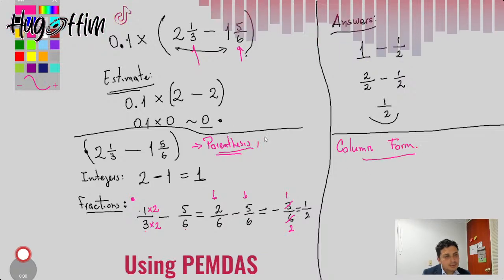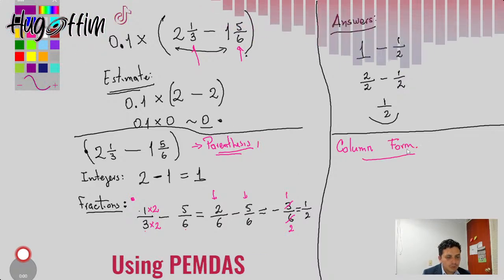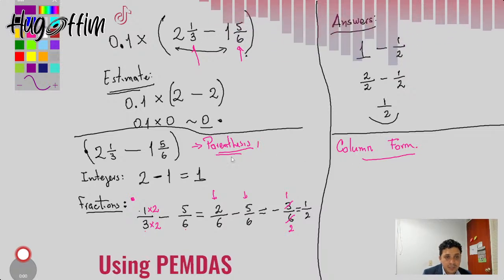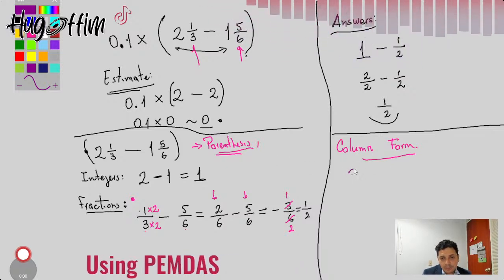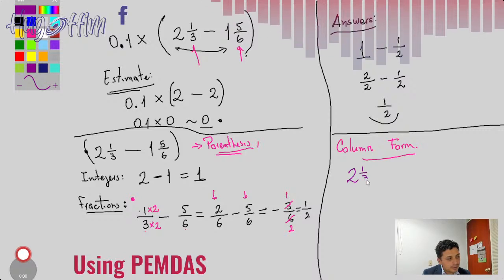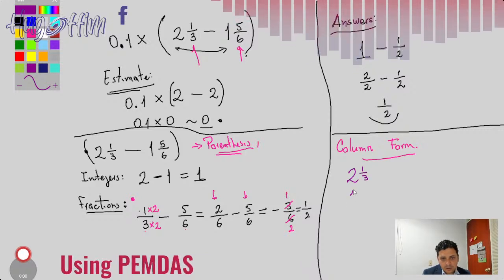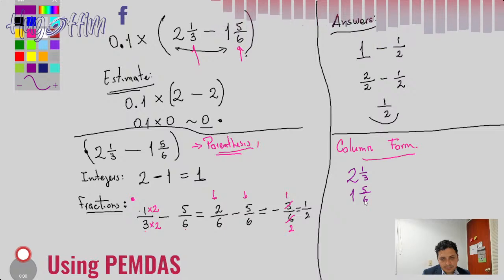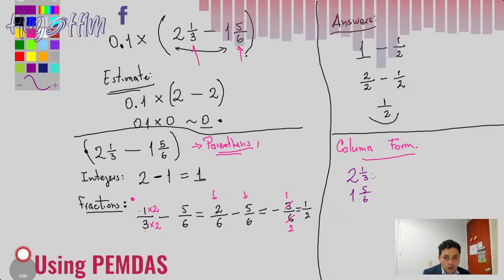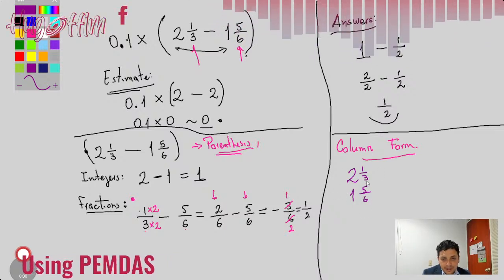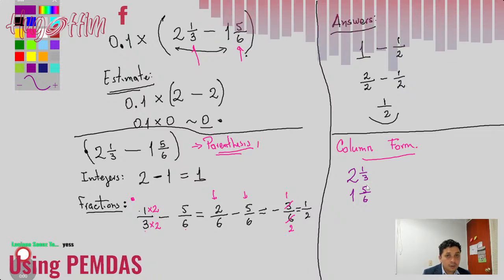A parenthesis. I'm going to use another color, purple. If you use column form, in this case, I'm going to put both mixed numbers, 2 and 1/3, in a column with 1 and 5/6. Now, if you use column form, first denominators must be common denominators.